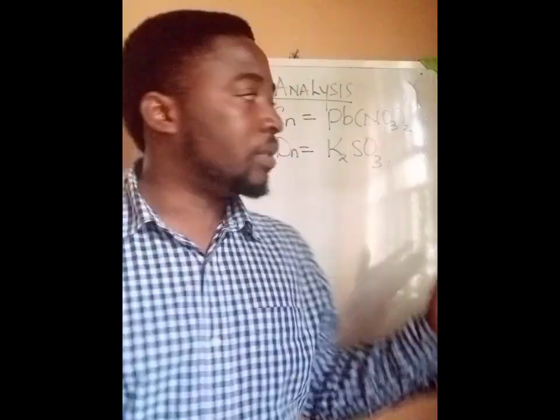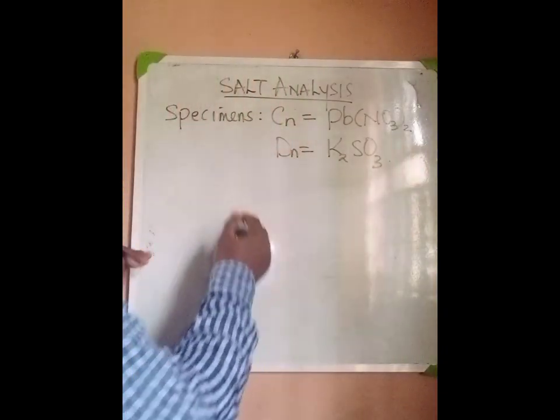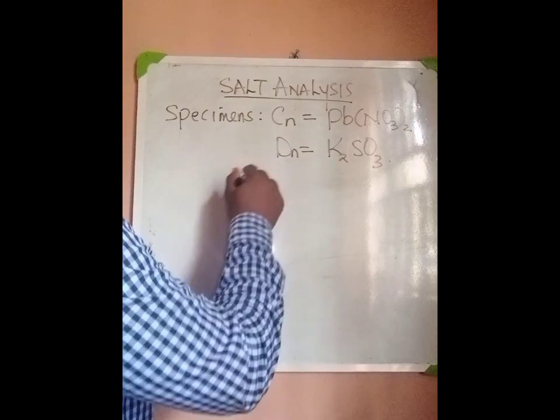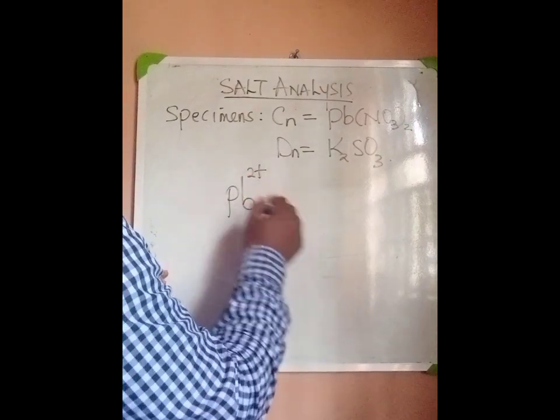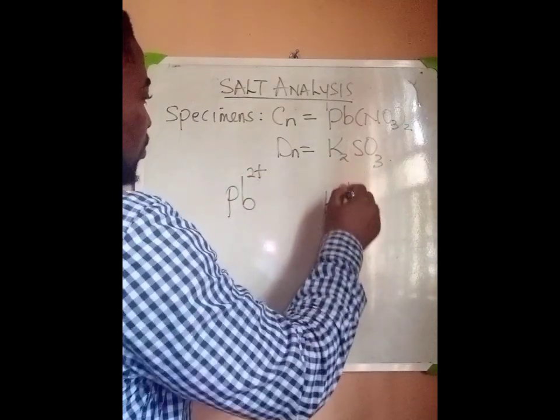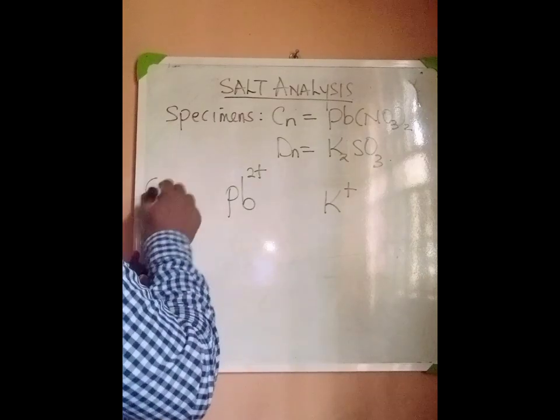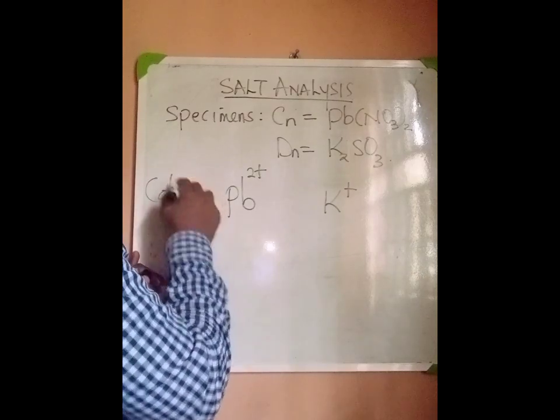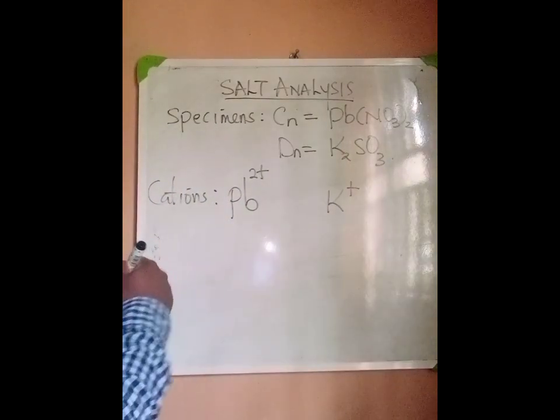Now, based on the salts that we have here, the cations that will be tested for will be lead ion and potassium ion. That's for cations. Lead ion and potassium ion.